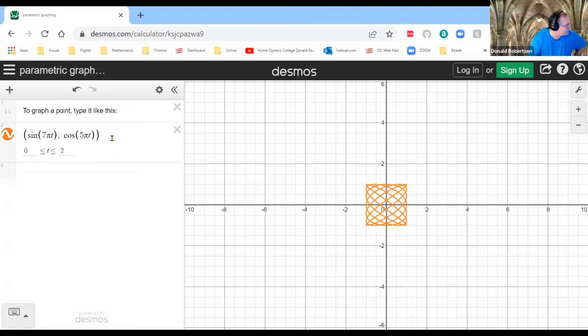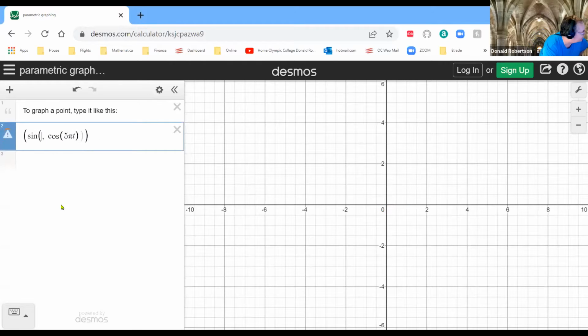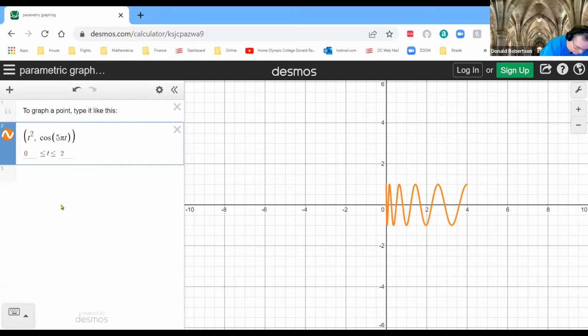Right, so if you want to type in a parametric equation, let's suppose x was, what did I have a minute ago? I'll make up my own. Right, let's suppose you had x equals t squared plus 1.